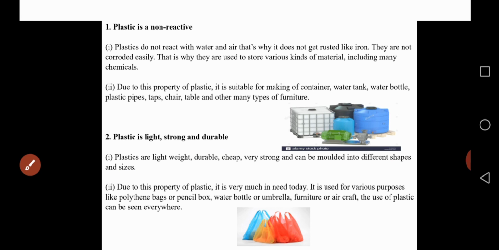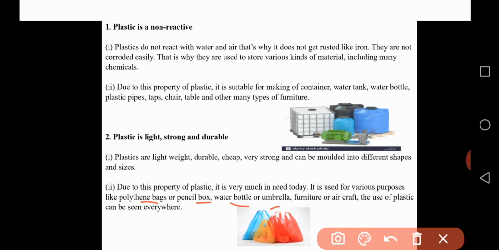Because of this property of plastic, it is very much needed in our daily life, and we're using these plastics for various purposes, like manufacturing polythene bags, pencil boxes, water bottles, umbrellas, furniture, or aircraft. Plastics can be seen everywhere in our daily life. So this is the picture of polythene bags.